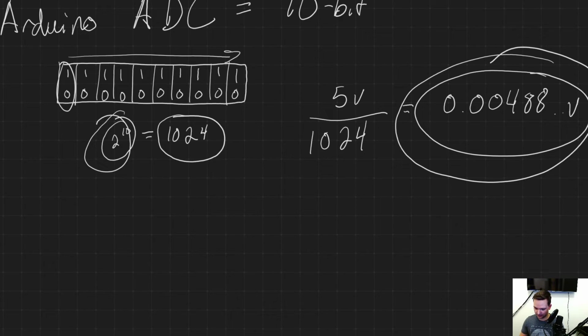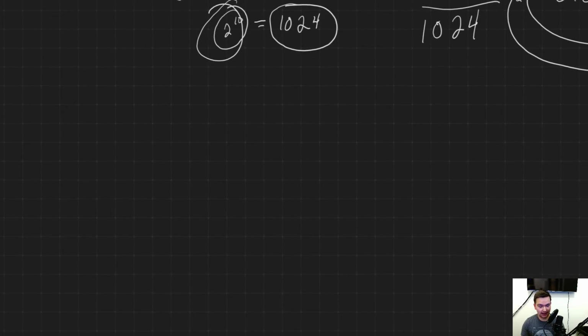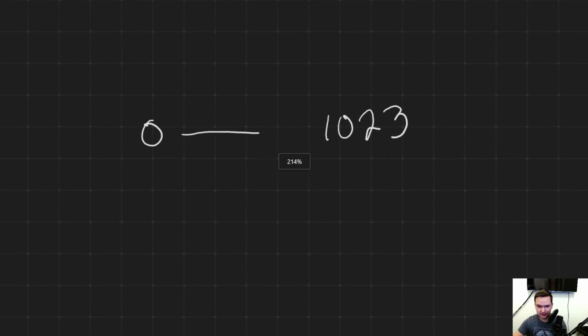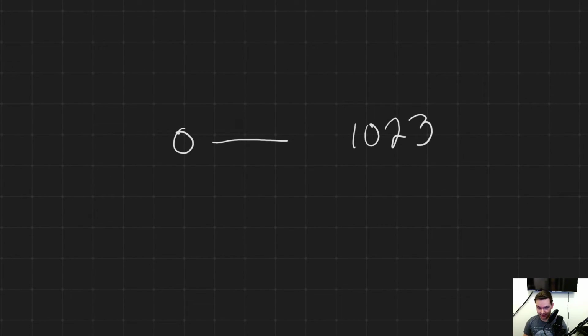So that means when we're reading in any given value, the Arduino is going to read it as something between 0 and 1023. You may ask, well, why 1023? You just said 1024. Yes, 0 counts as one of those values.